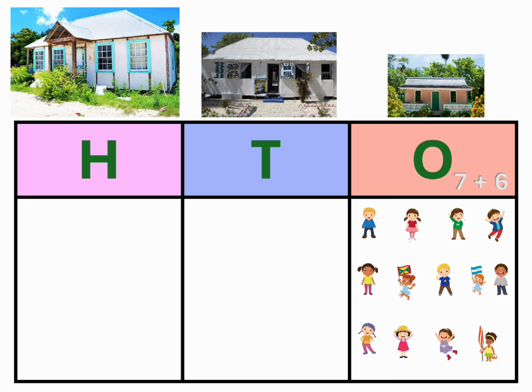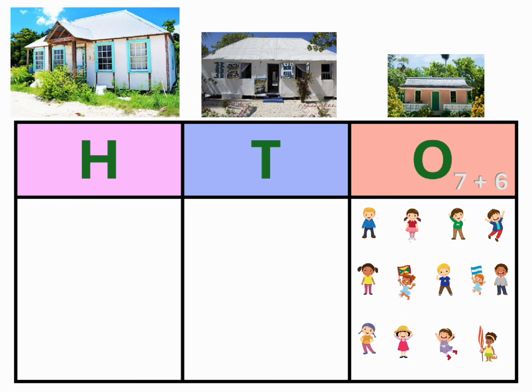Wow! We need to count them and see how many we have all together. 1, 2, 3, 4, 5, 6, 7, 8, 9, 10, 11, 12, 13. We have 13 guests. Since we can only have 9 guests in the ones house, we need to regroup.